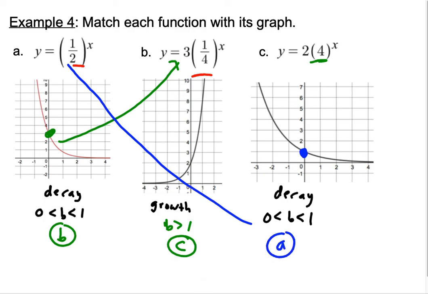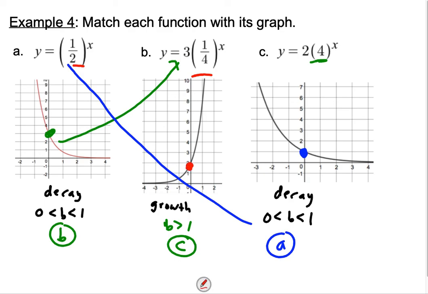So the y-intercept tells you if there's a number out there in front of what's in the parentheses in front of the x, that is the y-intercept, and that value should actually be sitting out there in front. And then you can even look at the growth graph there too.